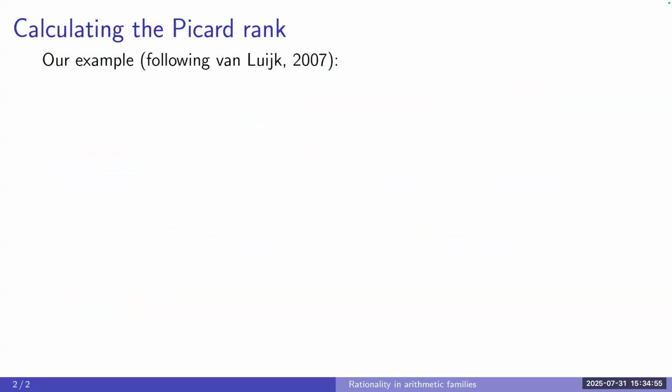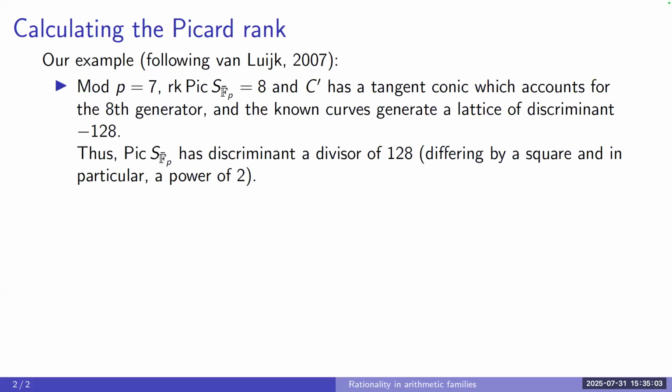Okay, and so what we do is follow this idea of Van Luijk, where we look at two different primes and compare the behavior. So for our first prime, we look mod 7, and we can show that we have mod 7 geometric Picard rank 8. And in particular, we want to be able to say something about the discriminant of this Picard lattice.